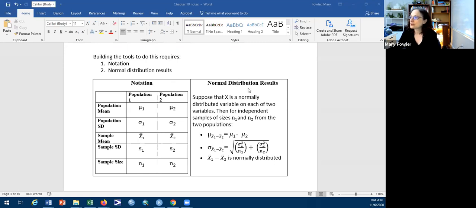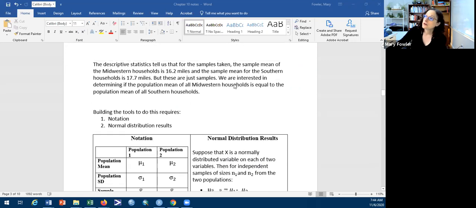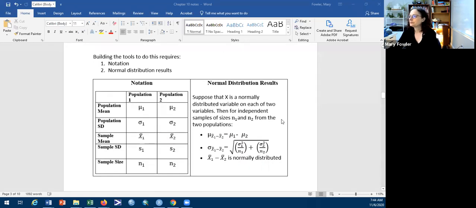And then normal distribution results. Suppose that X is normally distributed, that the VMT from the Southern households is normally distributed, and the VMT from the Midwestern households is normally distributed.